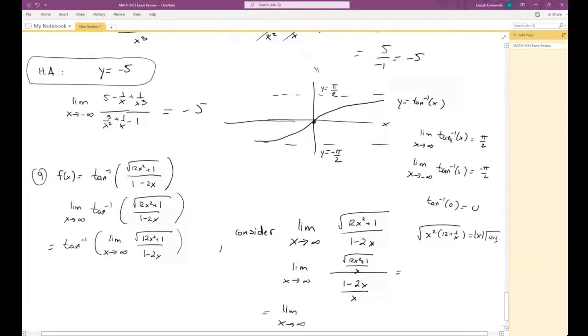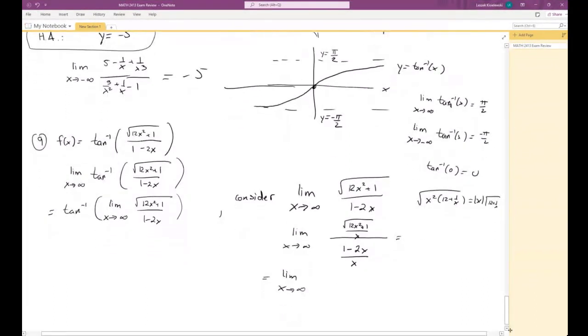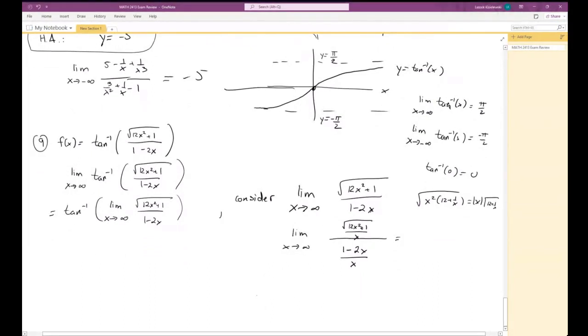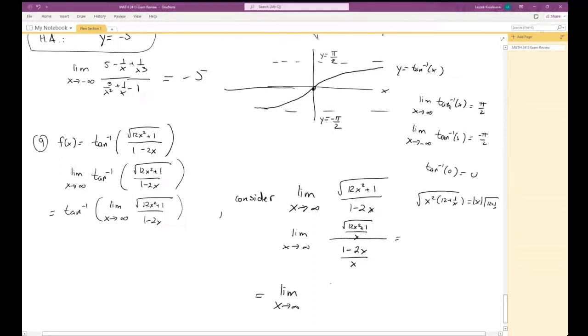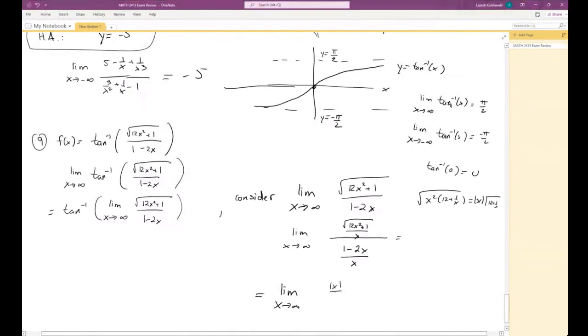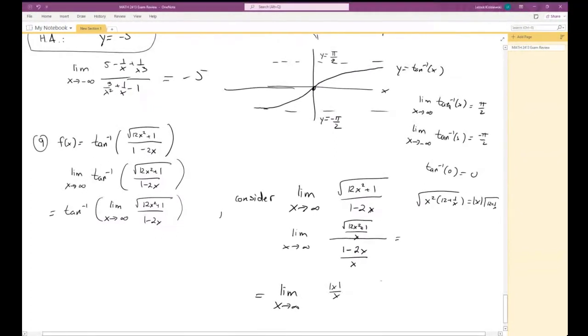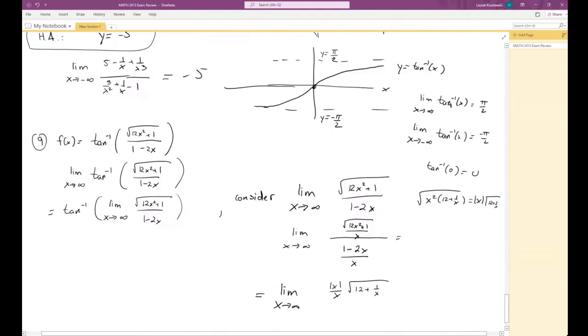So in the numerator, I'm going to factor out an x squared, but the square root of x squared is the absolute value of x, and you're dividing that by x. But at the end of the day, inside the square root, we're still left with what we wanted, which is either constants or constants divided by positive powers of x.